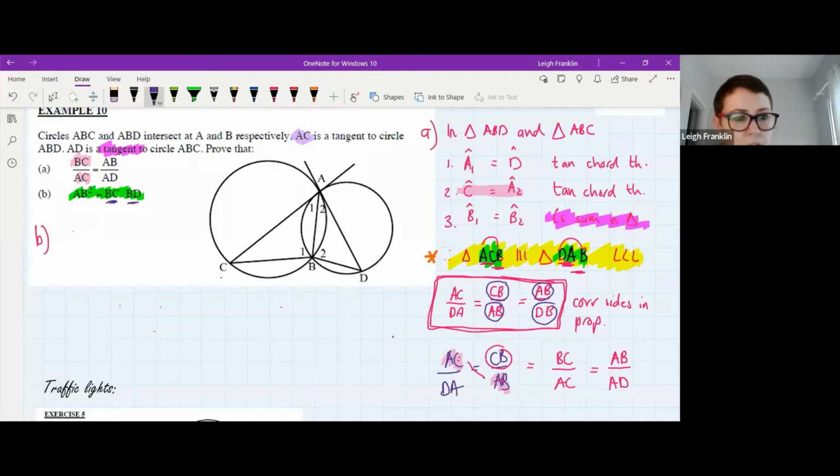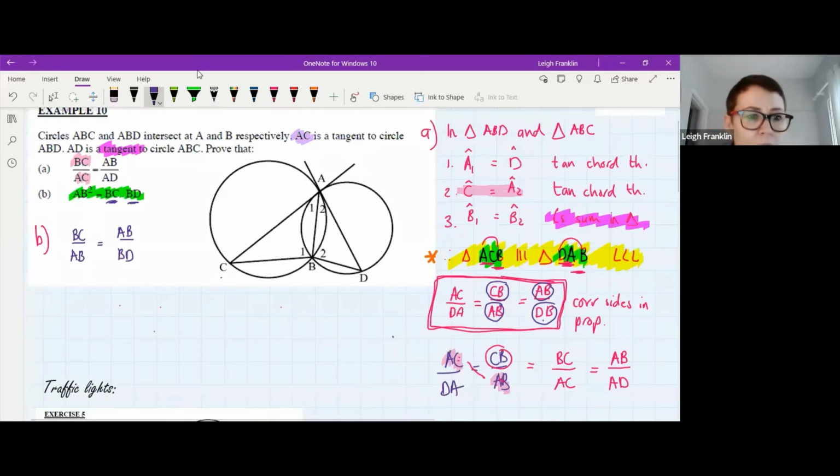I'm just going to change the order of the letters. Instead of CB, I'm going to write BC over AB equals AB over, and I'm going to change the order of the letters over here, and write BD. And now, instead of just cross multiplying once, I'm going to cross multiply twice.